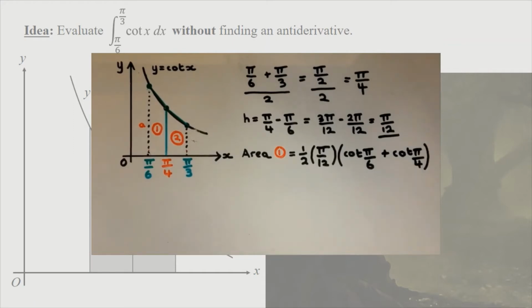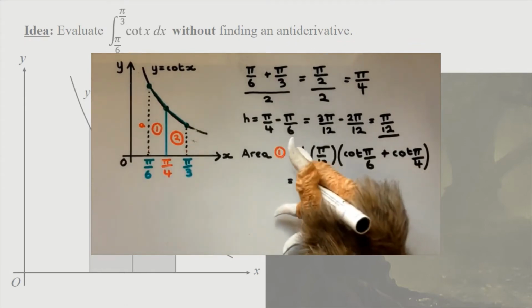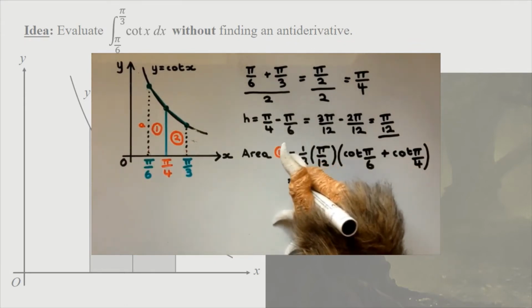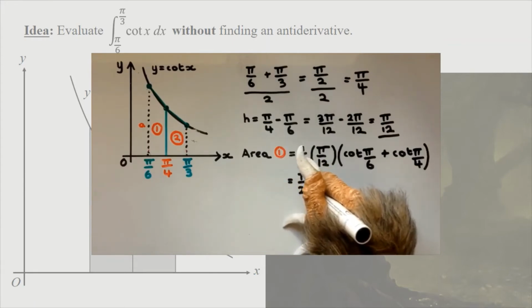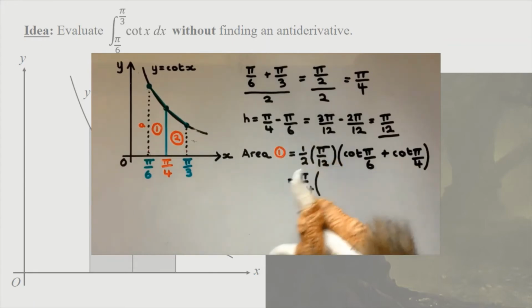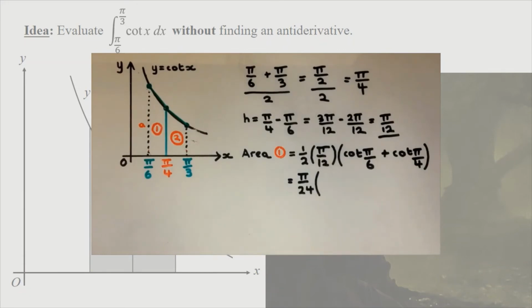Great, now we'll just do a little bit of working out here. So this is going to equal, so I'll multiply through by 1/2 here, so that's going to be pi over 24. Alright, and I want an exact answer, so let's just think carefully about this. We know what cot of pi over 6 was. We did it last time, that was √3. Let's put that in again.